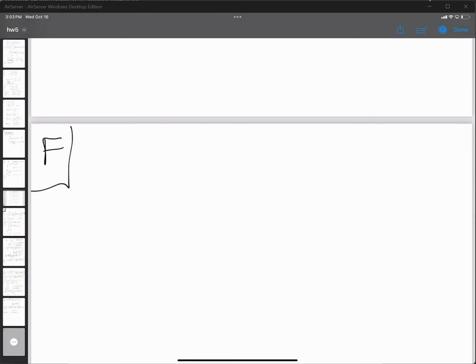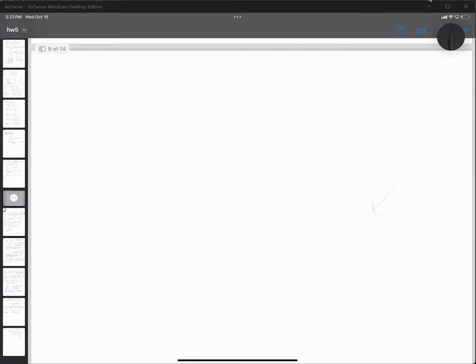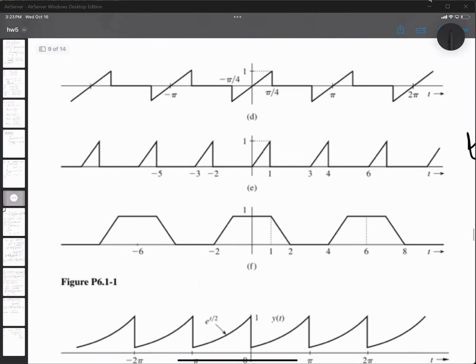Alright, part F. Okay, now to solve for our average portion, a0. I've set it up like this. Let's look at the ramp function. I set it up into this portion, this portion, and this portion.